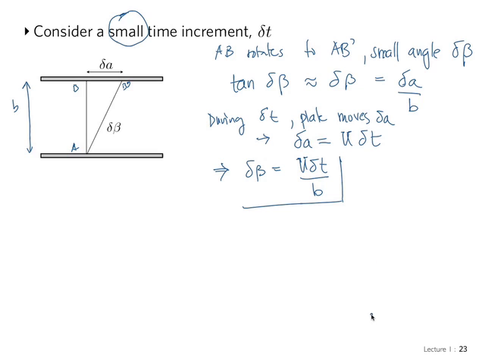Now, the angle delta beta varies with time, right? But we're looking at a very small time increment. And the angle delta beta varies with time at a rate which is defined by capital U divided by b.